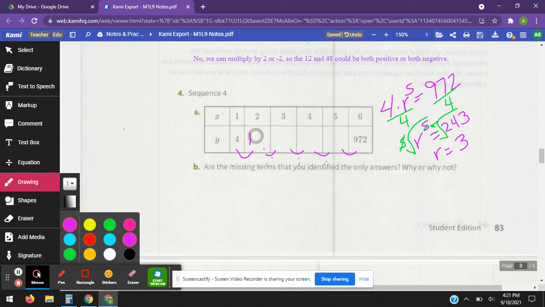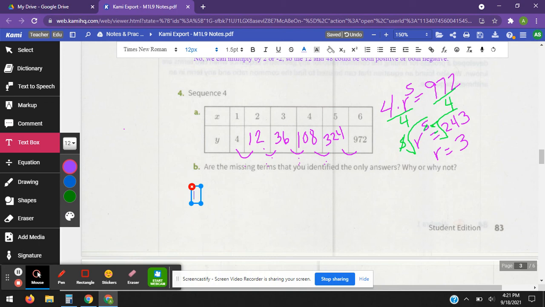So 4 times 3 is 12, 12 times 3 is 36, 36 times 3 is 108, and 108 times 3 is 324. So are these the only terms? Yes. We can only multiply by 3 to make this sequence.